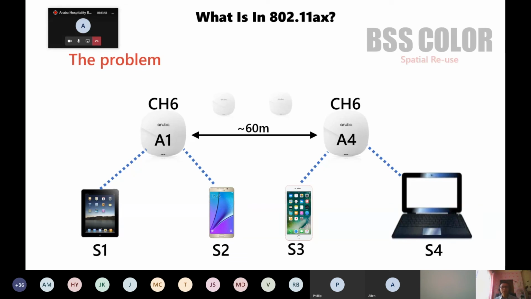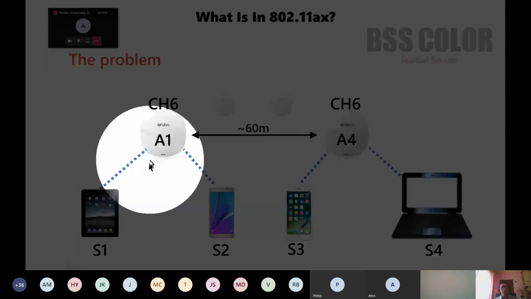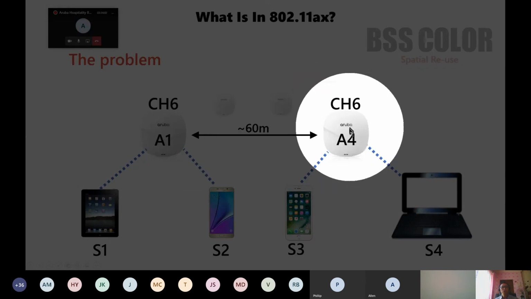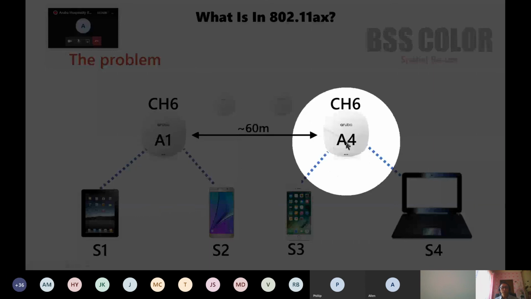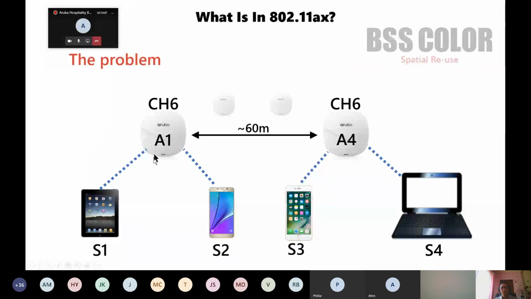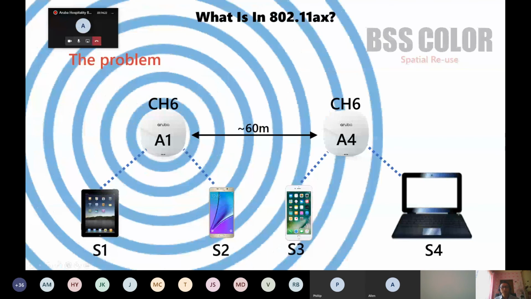So if I have this scenario with 4 APs, and out of these 4 APs, 2 of them are on the same channel, channel 6, A1 and A4. Both these APs have clients connected to them. The way CSMA-CA works creates a problem. If AP A1 is transmitting to any one of its clients, that signal can be heard by A4 because they're not very far apart.